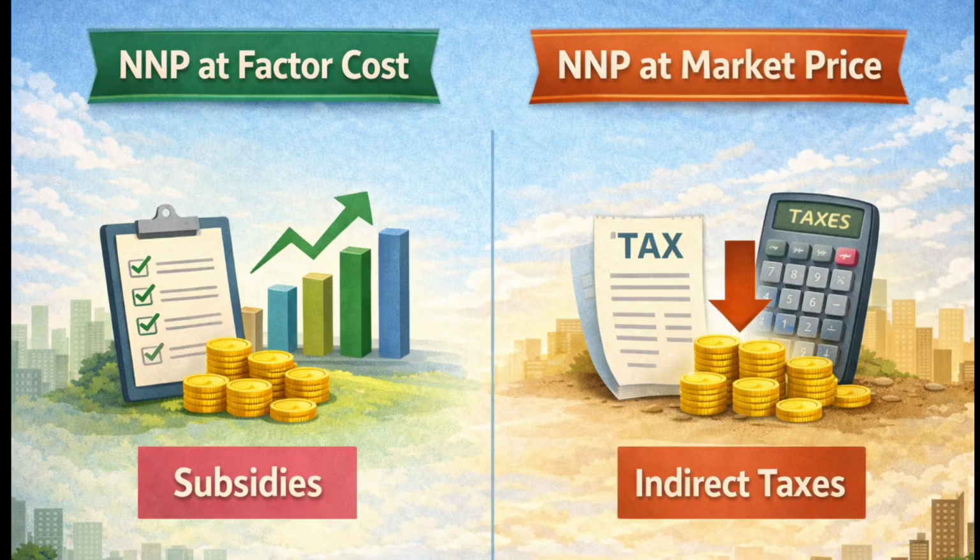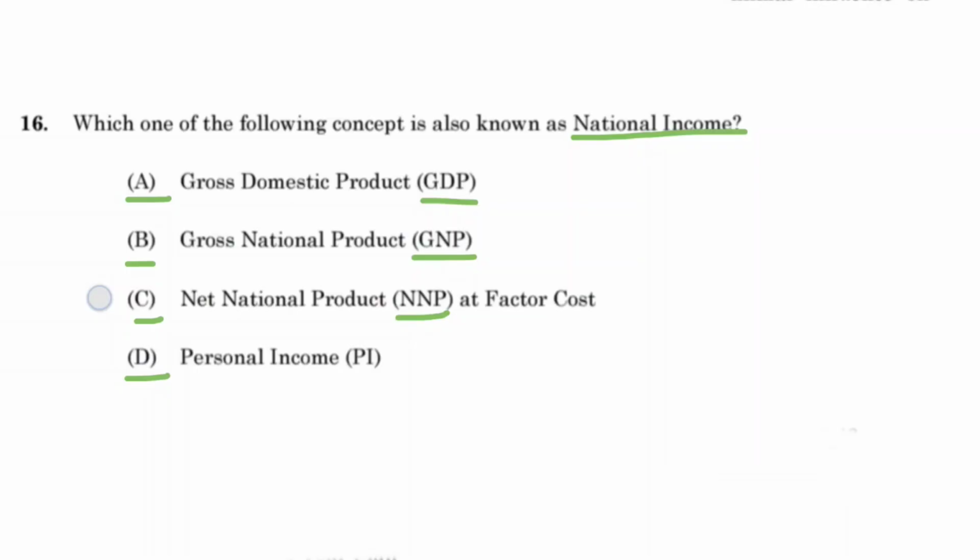NNP at factor cost equals NNP at market price minus net indirect taxes, with net indirect taxes being indirect taxes minus subsidies. So here answer is option C, net national product NNP at factor cost.